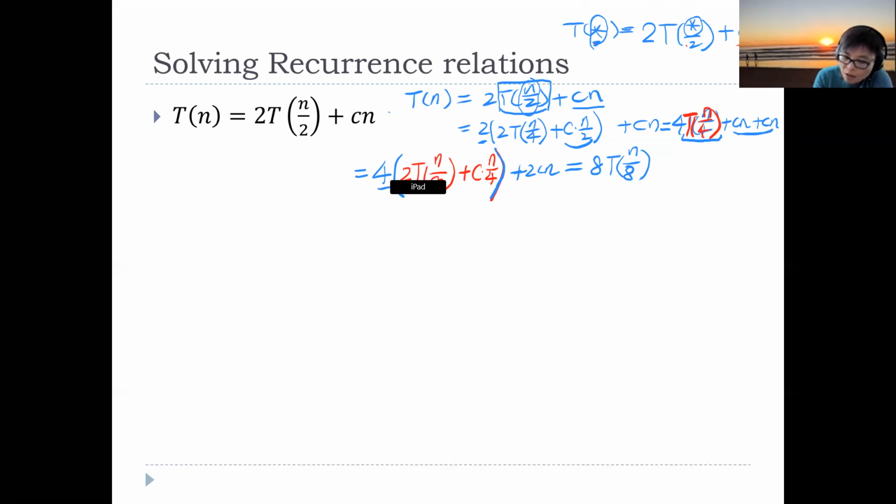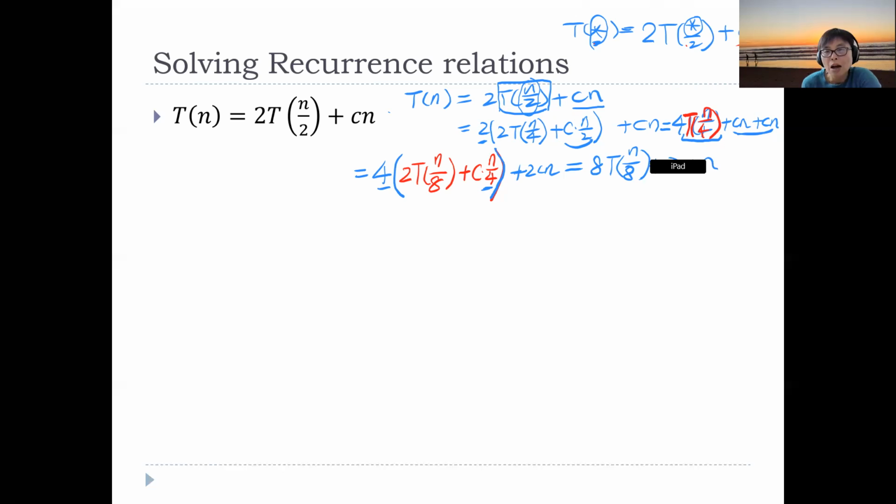Then 4 times n over 4, the 4s cancel, I get Cn, plus the 2Cn from before. In other words, now I get 3Cn.